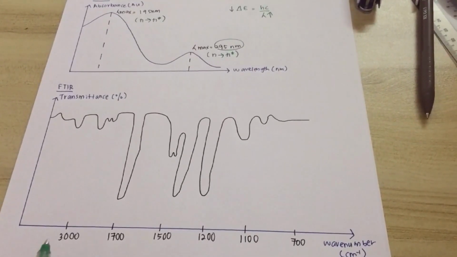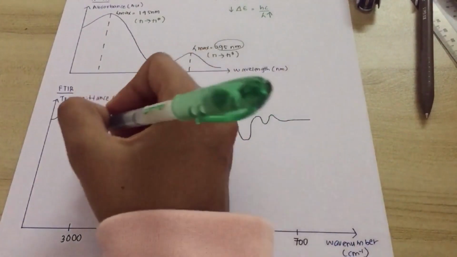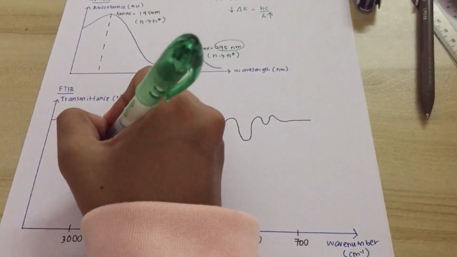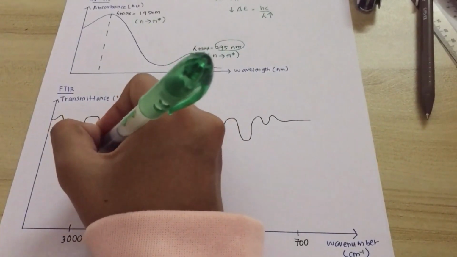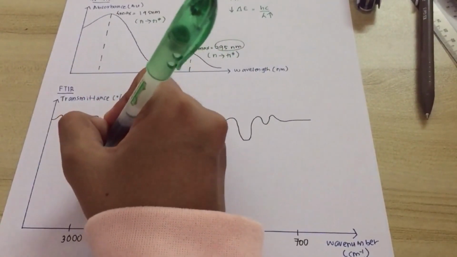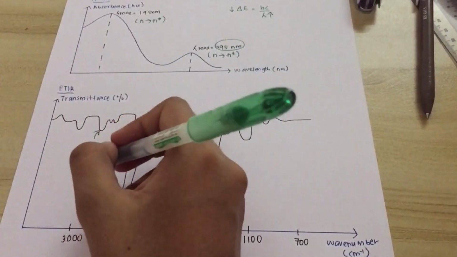First, near 3000, we can say that this peak belongs to the C-H sp3 stretching, because it is below or around 3000.